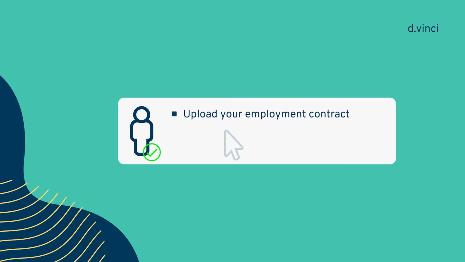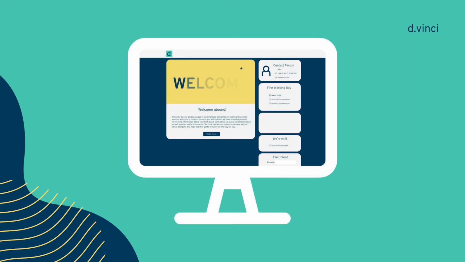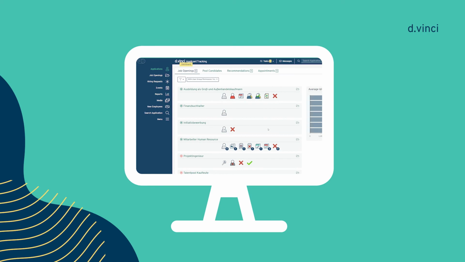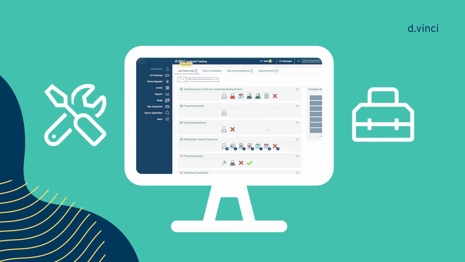You can check the status immediately, manage open tasks easily, and simply collaborate with new employees. You want to administrate your system on your own? No problem. All changes can be made during normal operation and can be carried out by yourself.